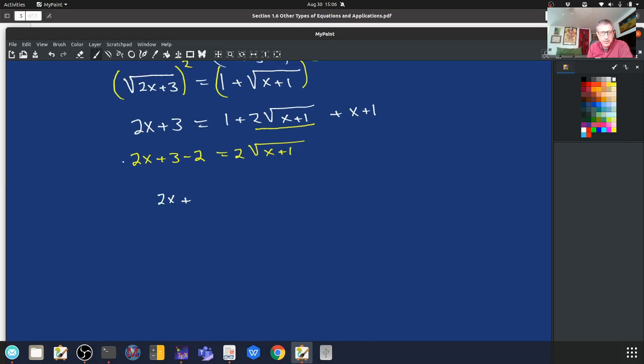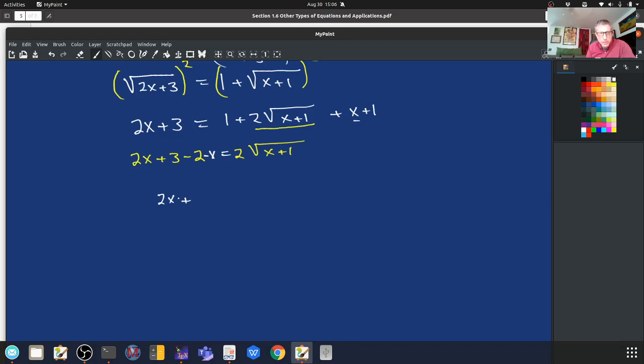Oh, I forgot to move the x over. So the x comes over and we get a minus. Let me help you out here. I didn't move all my terms over, I just moved the constant terms over. And we want to move the x over too, and when we move it over, it becomes minus.